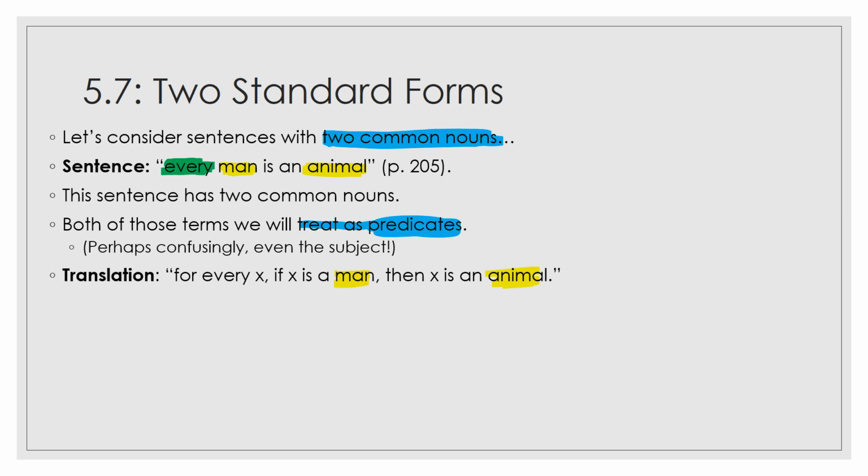So in the antecedent, we have man as a predicate of x. In the consequent, we have animal as a predicate of x. And if we get that into our predicate logic symbolism, we'll have for every x, if x is an M, then x is an A, where of course M stands for man, A stands for animal.